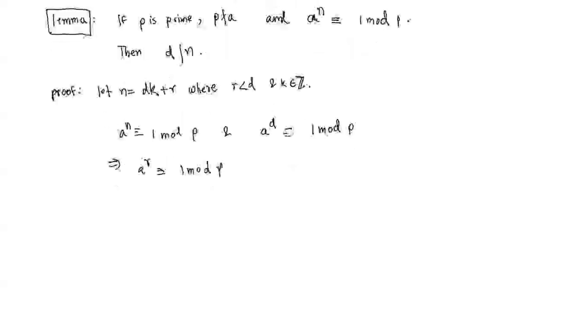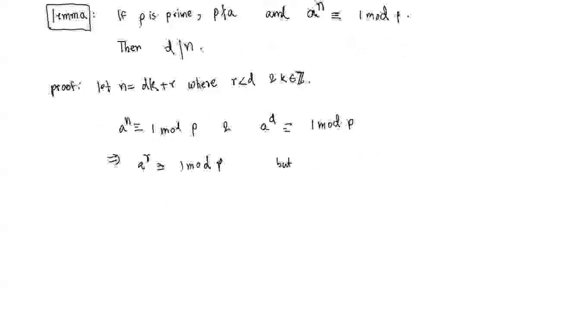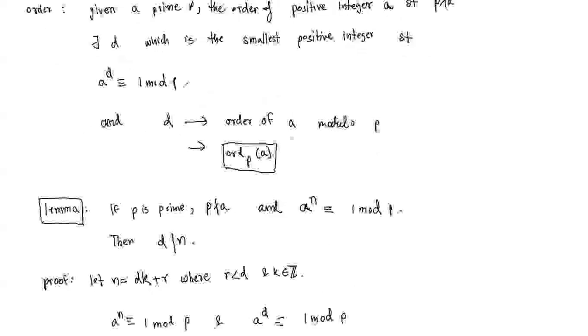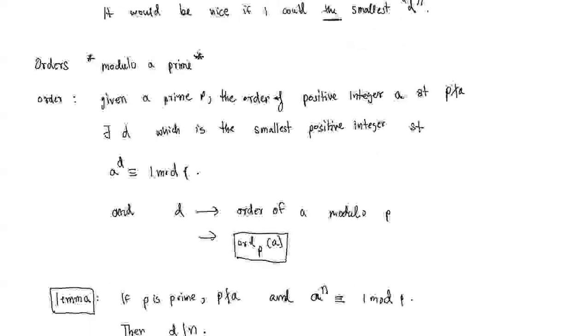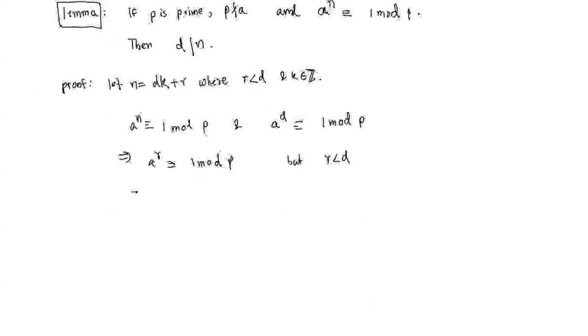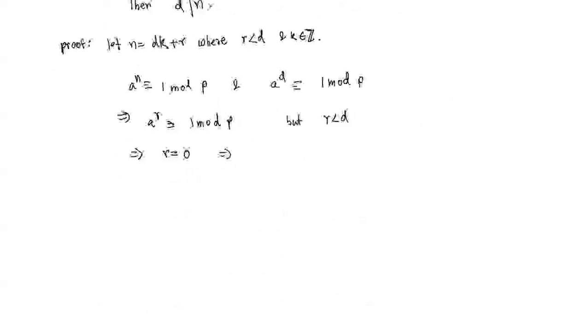But r is less than d, and if r is a positive integer, it contradicts the definition of the order, because we are essentially working with the smallest positive integer. So that implies that r is 0, which implies d divides n.